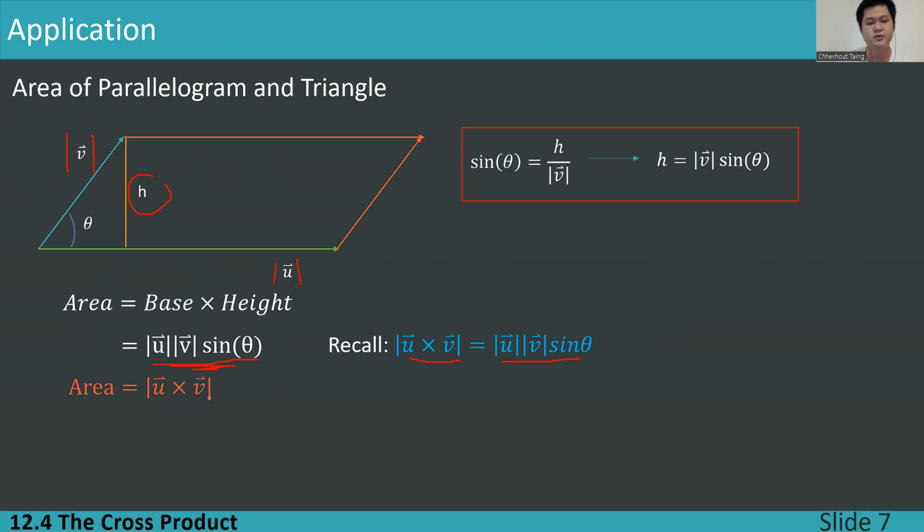What about a triangle? Well, if you have a parallelogram like this, to get a triangle, all you have to do is cut it into two, and you'll get two triangles of the same area. And to find the area of one triangle, all you have to do is divide this formula by 2. So that is the first part of the application.